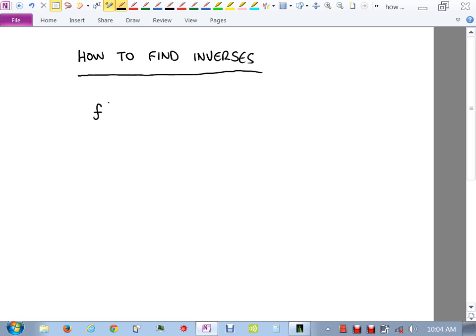So let me give you an example here. Take a look at that function. I want us to find its inverse. Can somebody tell me if this even has an inverse? And why? If it does, tell me why.